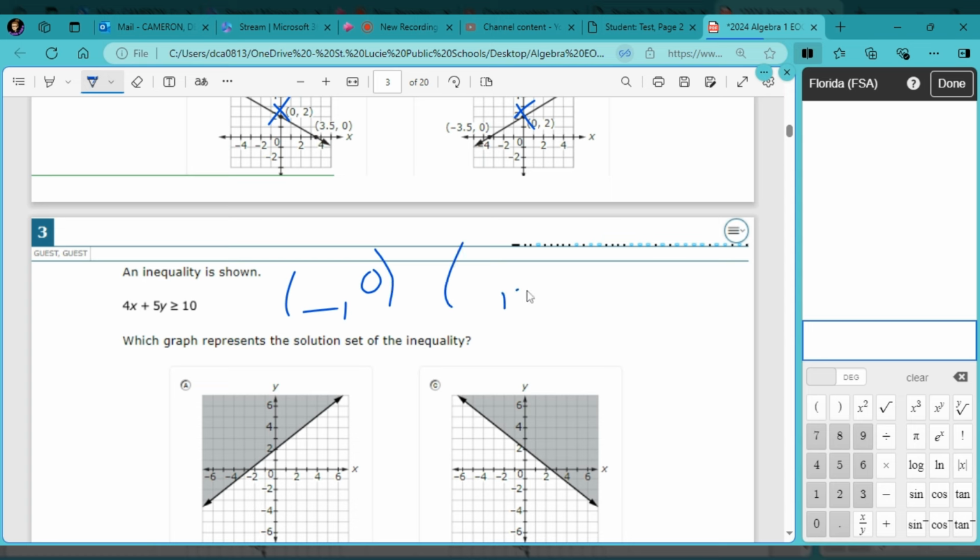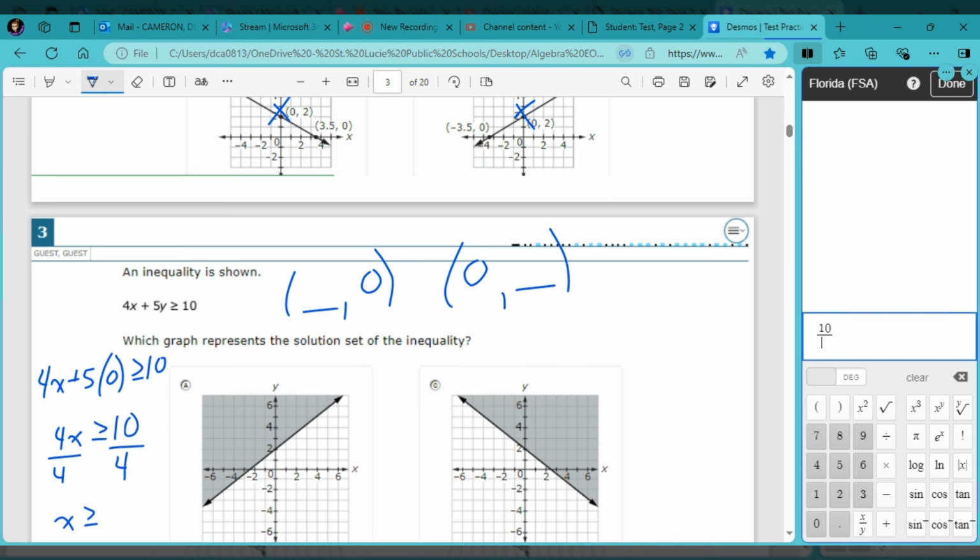What is y when x is 0? 4x plus 5, plug in a 0 for the y, is greater than or equal to 10. 5 times 0 is 0. 4x is greater than or equal to 10. Divide both sides by 4 to isolate the x, which gives us x is greater than or equal to 10 divided by 4, which is 2.5.